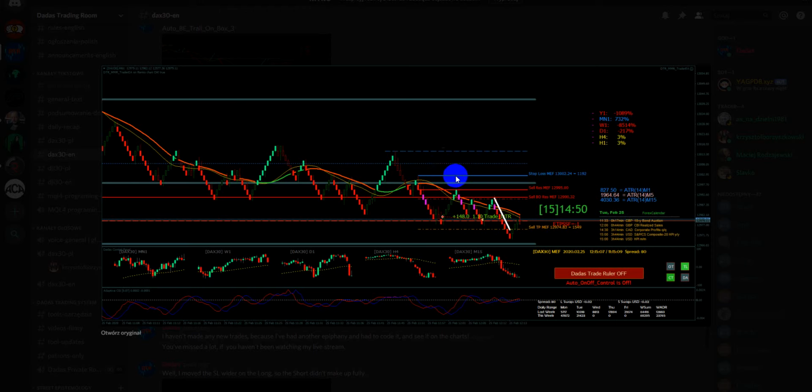Because normally it opened here, the stop loss opened here, but I moved it away because I thought, "Well, this is wrong. The market is moving up, yeah." And then it came back down, and it moved up again, and then it came back down and started giving me a little bit of profit. So I closed it, and then it moved back up again, and later it moved down and up again.